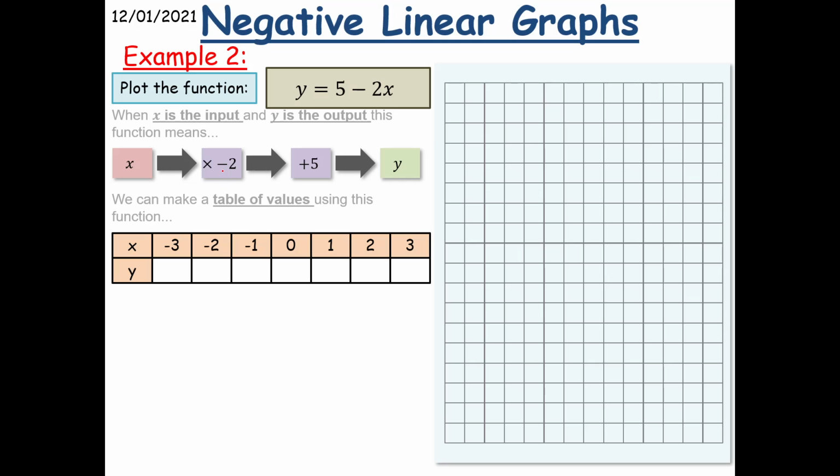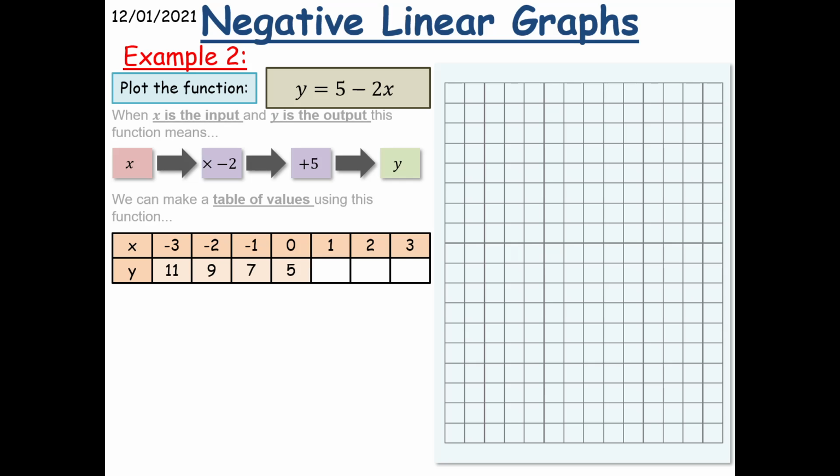So, minus 3 times minus 2 is 6, plus the 5 gives us 11. Minus 2 times minus 2 is 4, plus the 5 is 9. Minus 1 times minus 2 is 2, plus the 5 is 7, and then 0 times minus 2 is 0, plus the 5 is 5.